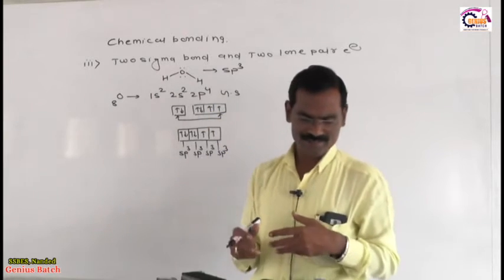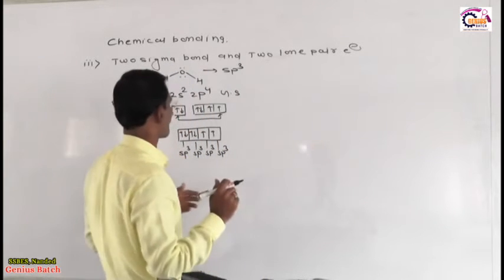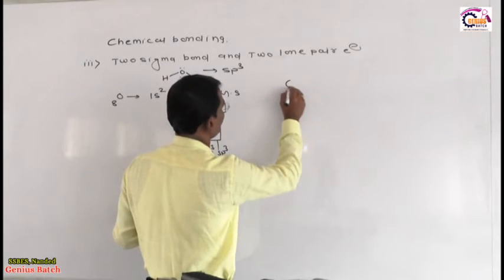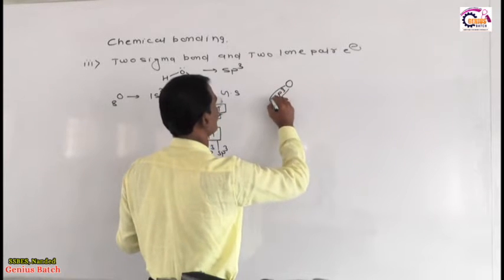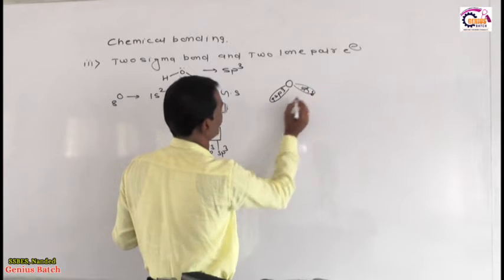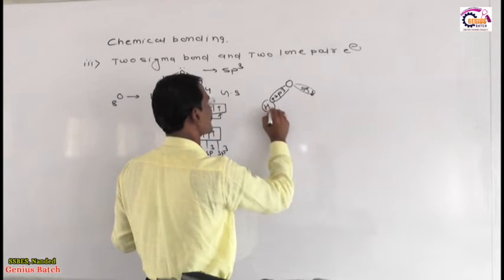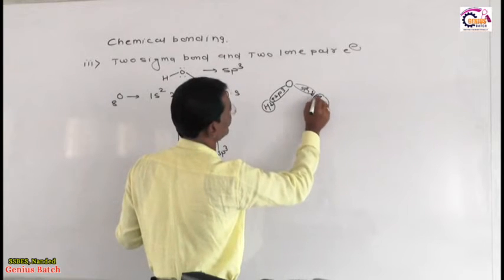In the formation of the water molecule, the oxygen atom is attached to, listen very carefully, suppose this is one sp3 orbital which contains the unpaired electron, this is another sp3 which also contains an unpaired electron, and this overlaps with the s orbital of a hydrogen atom, and this also overlaps with the s orbital of a hydrogen atom.